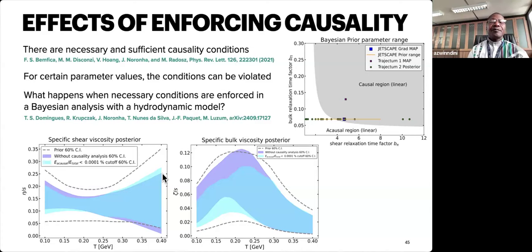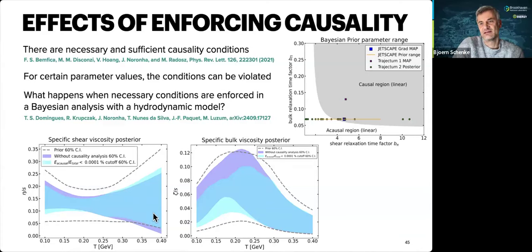First of all, it's not a big effect on the eta over S whether you enforce this or not. But what you're saying, like you mean it could change the gray area here?